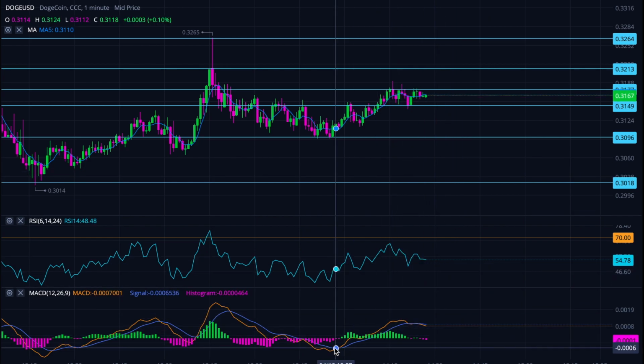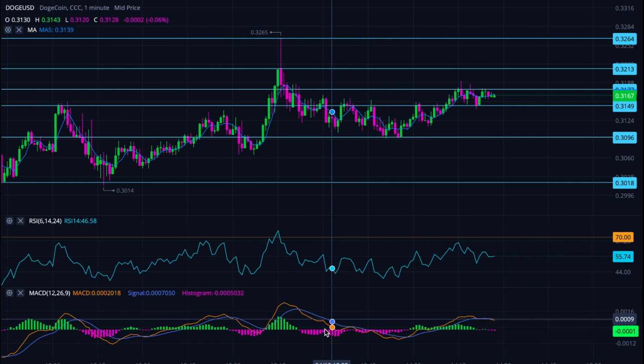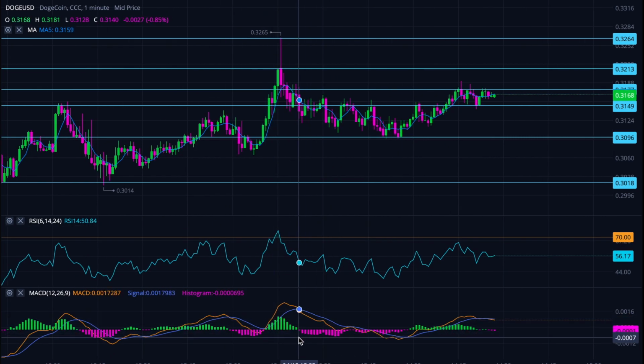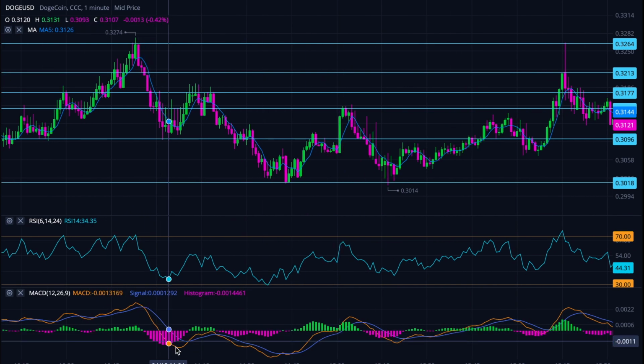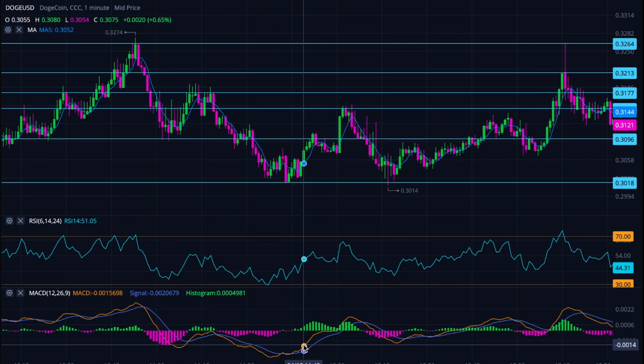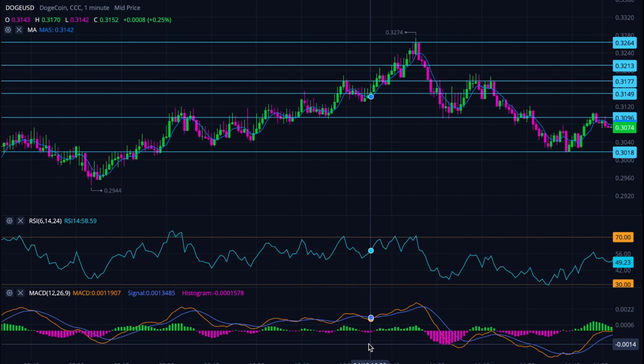And the MACD, you can see a lot of times when there's a crossover that's happening, that's been a pretty good indication. You get a good run up, you have all these crossovers here. There's not actually a ton of this type of action where it's just weaving over, under. It's been pretty solid.